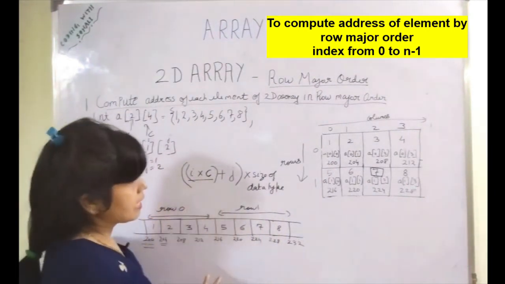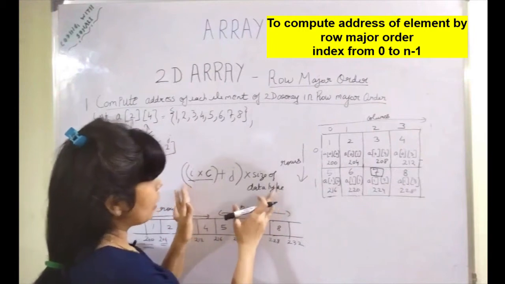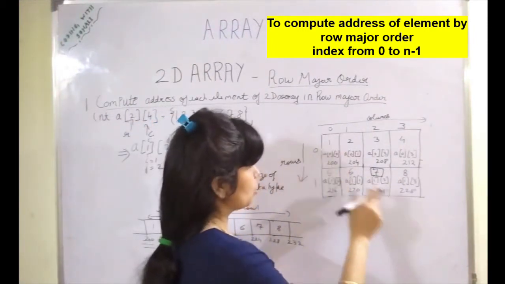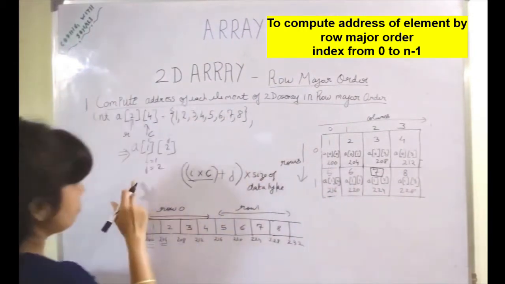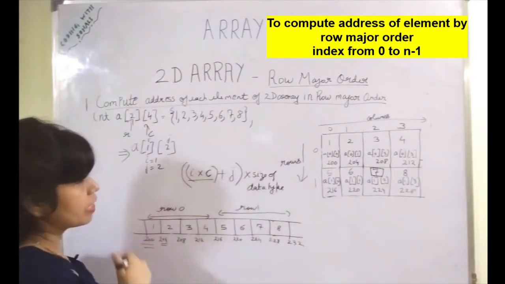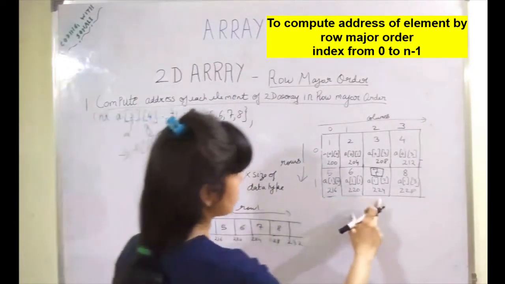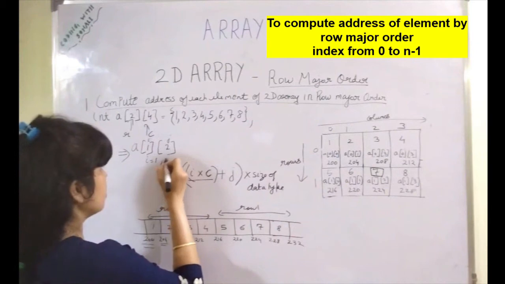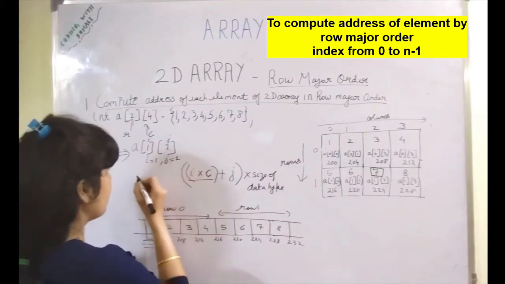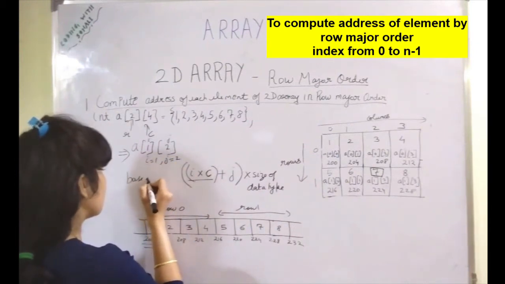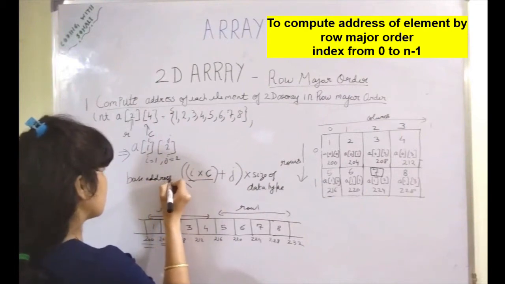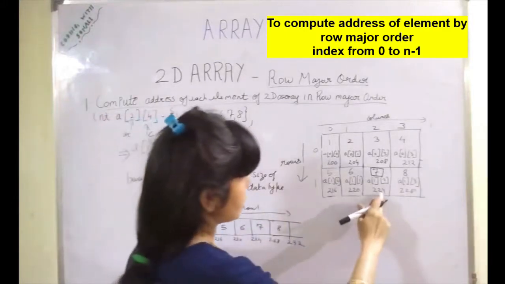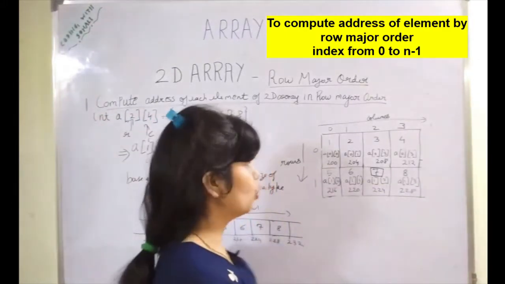Now the next thing is that since I have the base address of this 2D array, I have to add this expression to the base address in order to get the address of this element. And if I add the base address to this whole expression, finally I will get the address as 2 to 4.